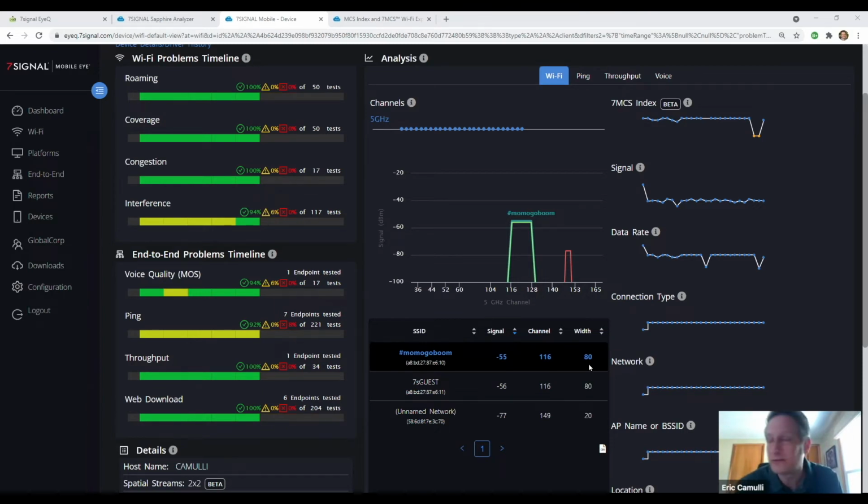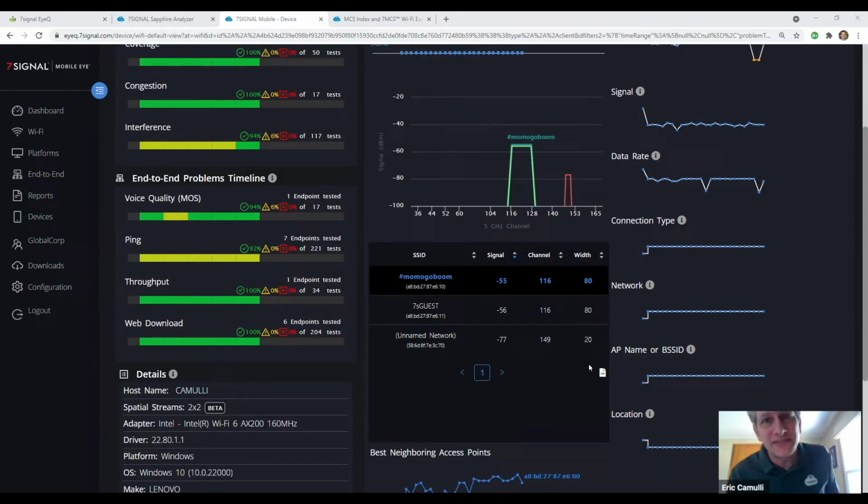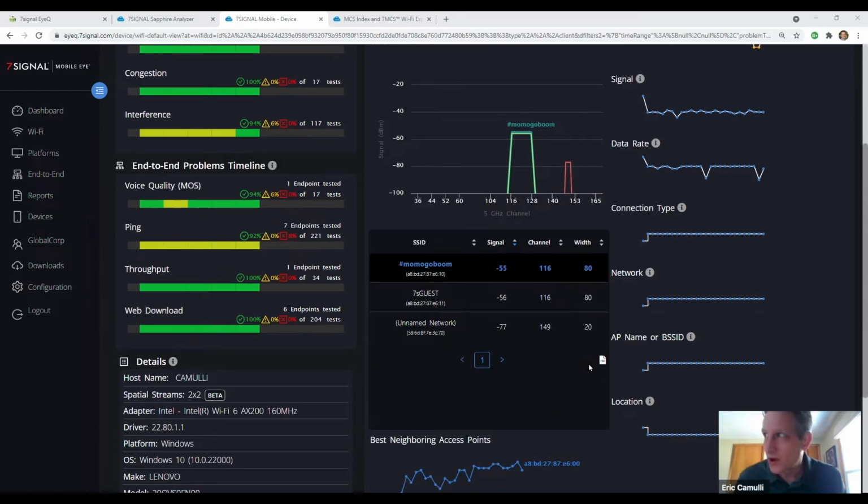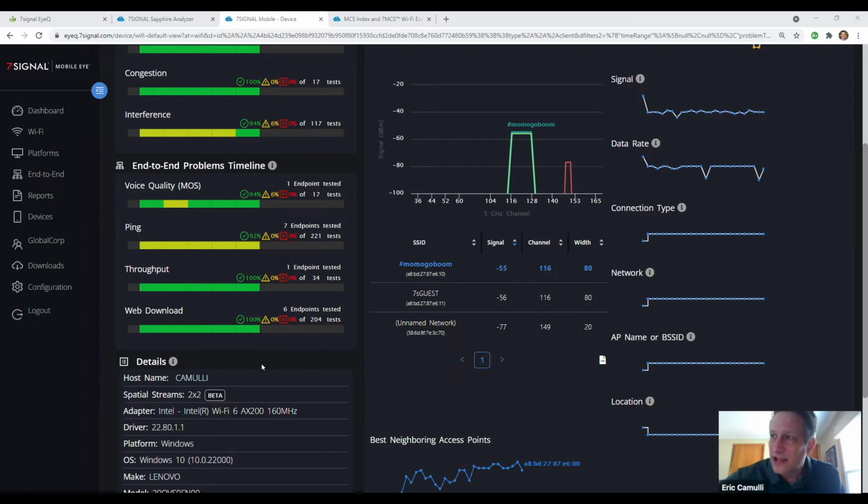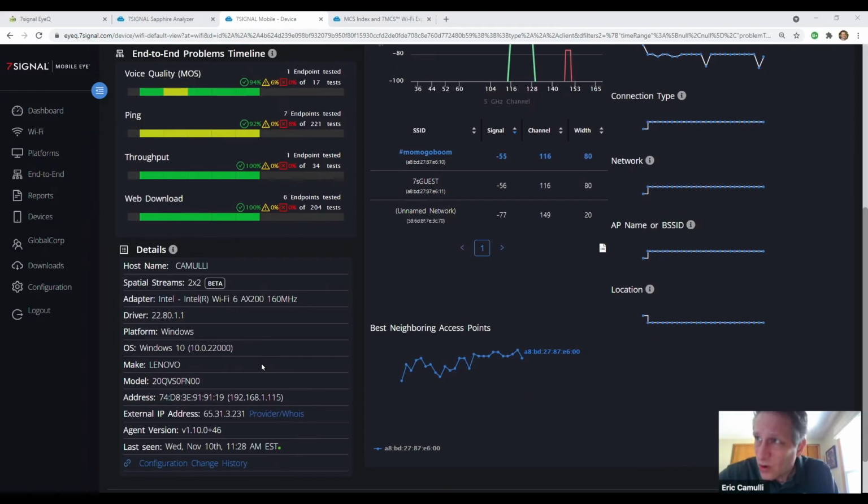Final piece of the puzzle, my friends, is what is my device capable of? By setting up the 80 megahertz wide channel, it's setting up what my network is capable of. What is my device capable of? For that, I need to know how many spatial streams. Look over here to the left side of your screen, ladies and gentlemen. By looking at your operating system, we can actually see by looking at your adapter inside your computer how many spatial streams are supported here.